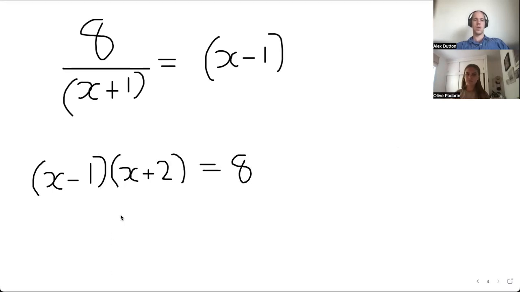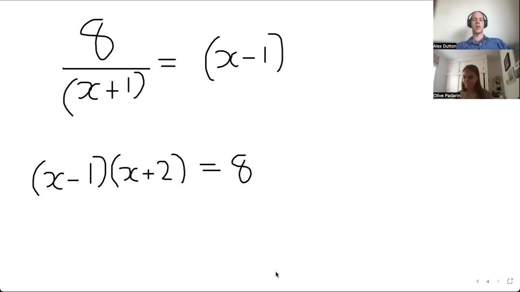Now, we're going to expand out this bracket. Could you have a go at that, please? X squared plus x minus 2, I think.